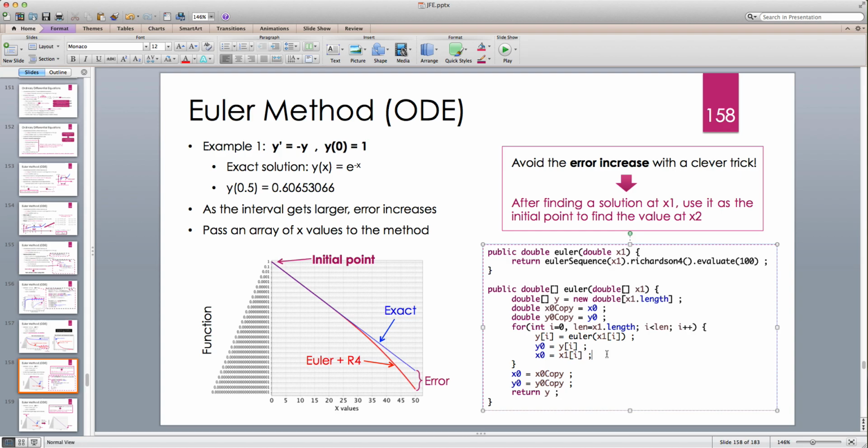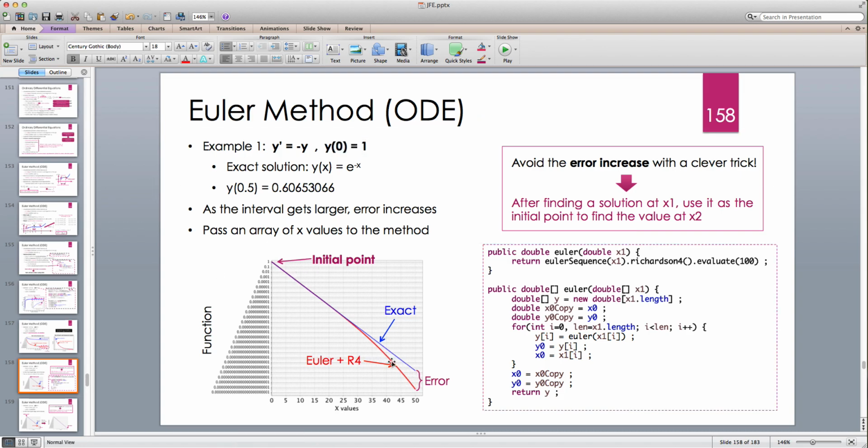So this way, if you are evaluating at a large number of points, the length of the interval always stays very small. That means the error doesn't grow large as we get farther away from the original initial point. For example, when I'm solving for the value of y at x equals 50, I'm not using the initial value y0 equals 1.